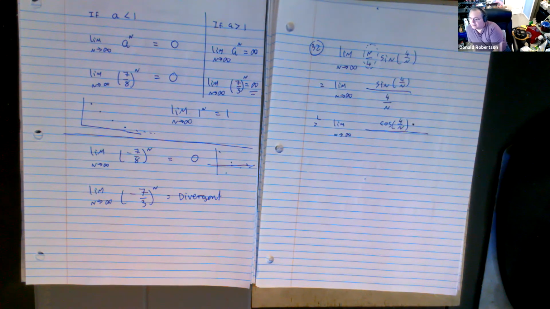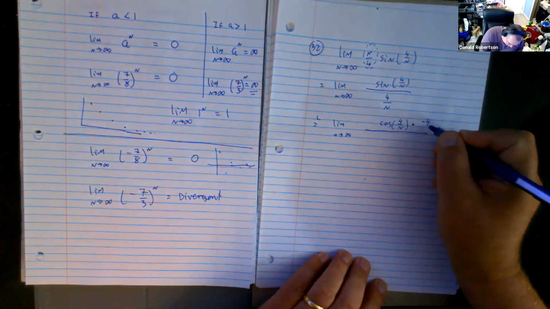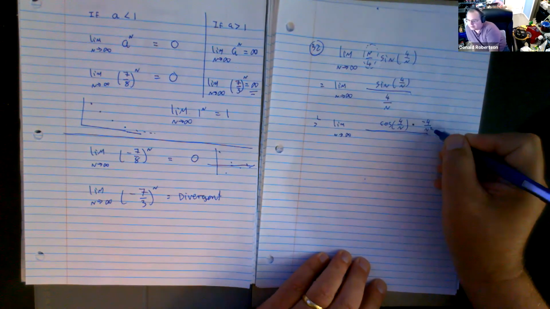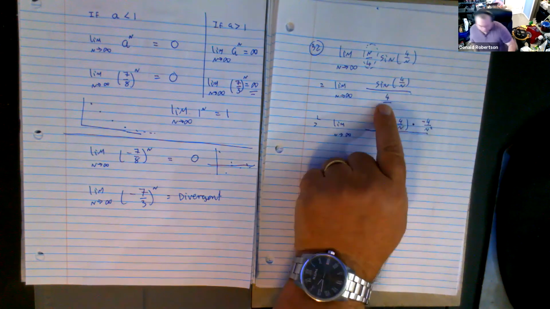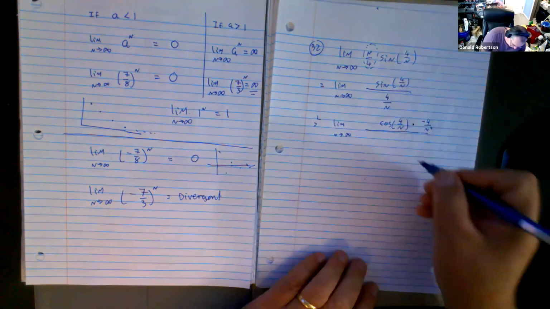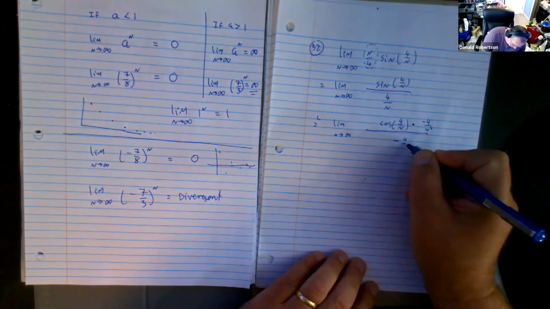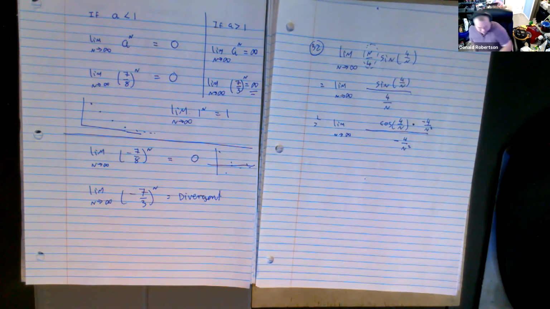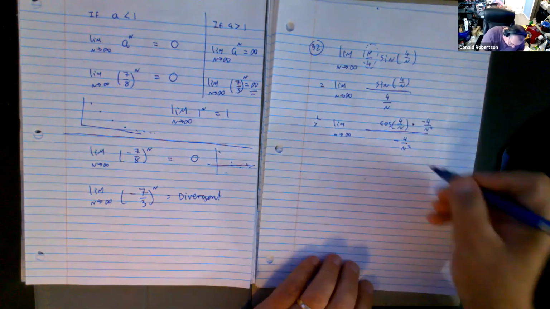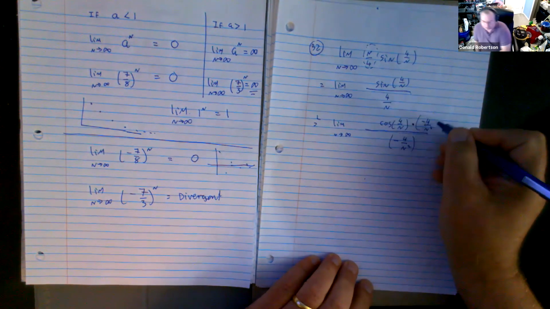And the derivative of 4 over n, trust me on this, is negative 4 over n squared. You can check that later for your own benefit. Now divide by the bottom, which is also 4 over n, and its derivative is negative 4 over n squared. So far, so good. Now, just for ease of seeing, I'll put little brackets around those guys.